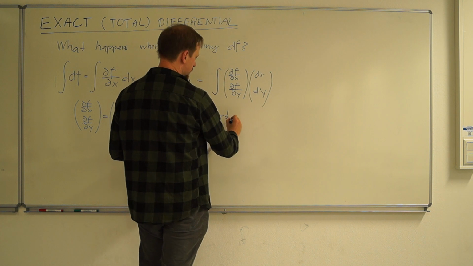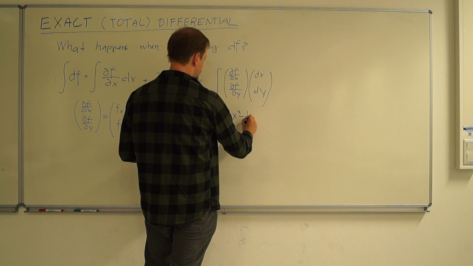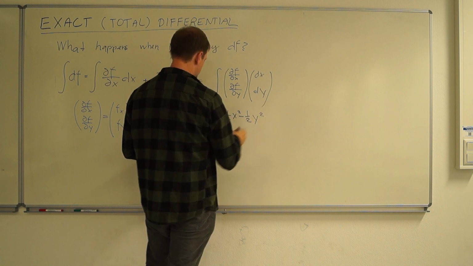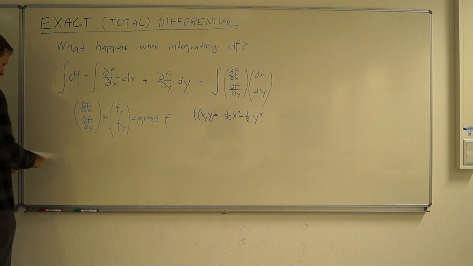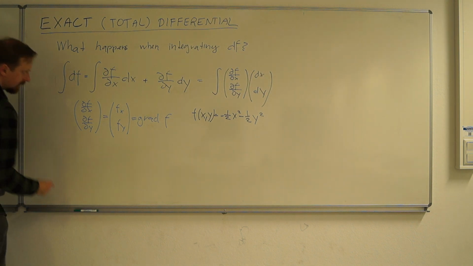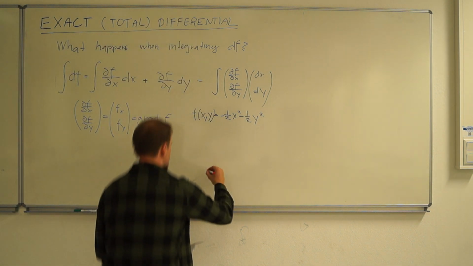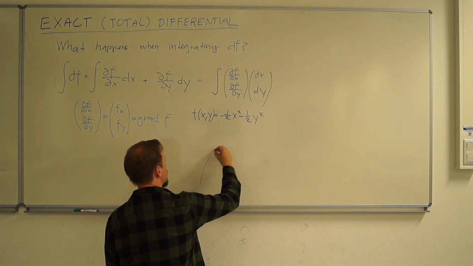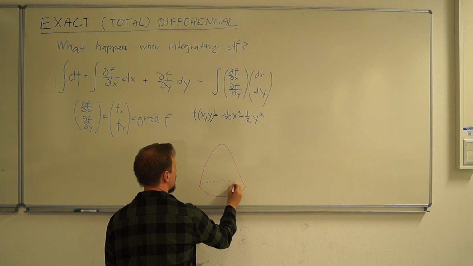Let's make a specific example: minus 1/2 x squared minus 1/2 y squared. This function pretty much looks like our hat from the last video. Maybe it looks something like this.